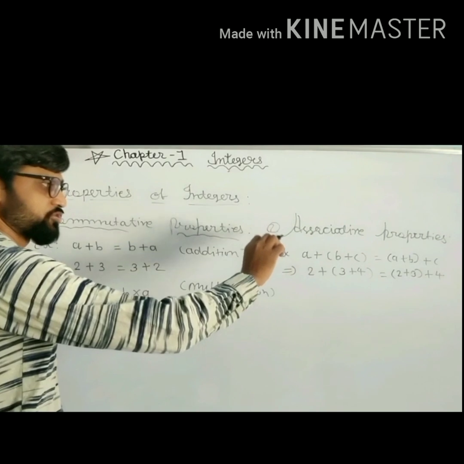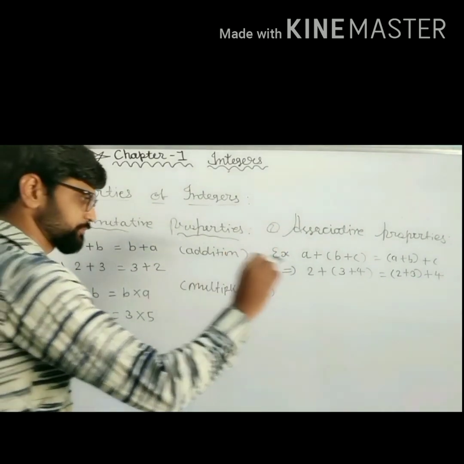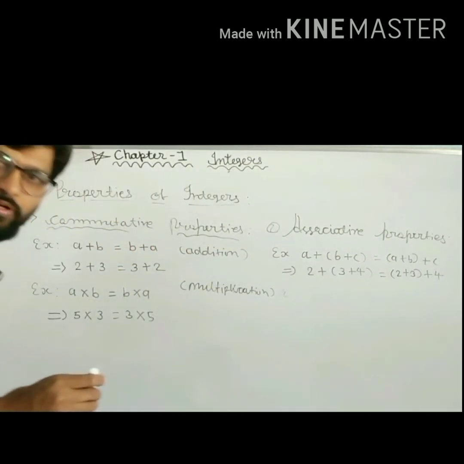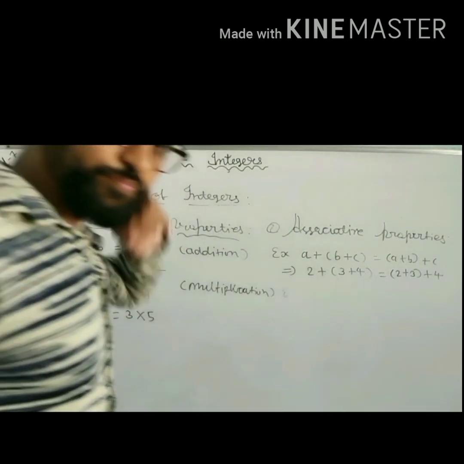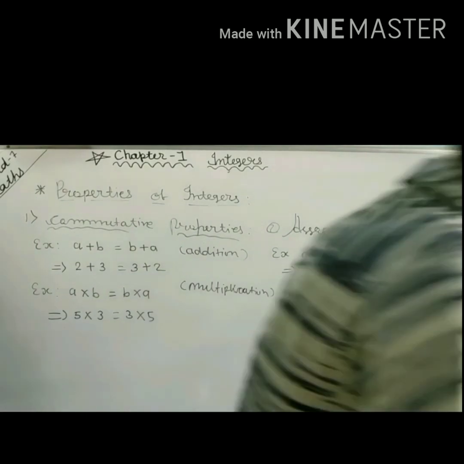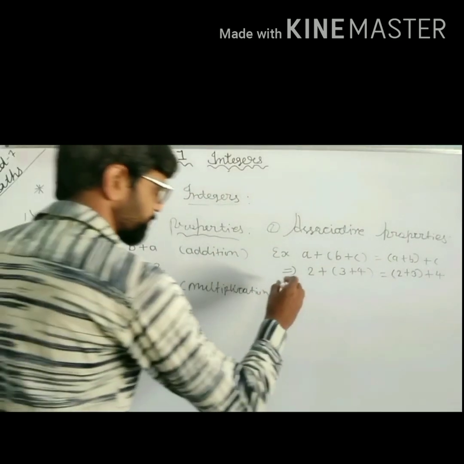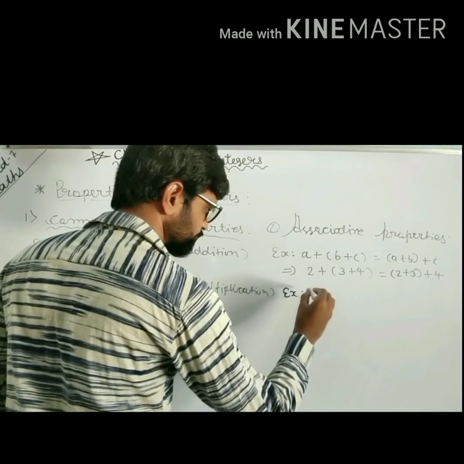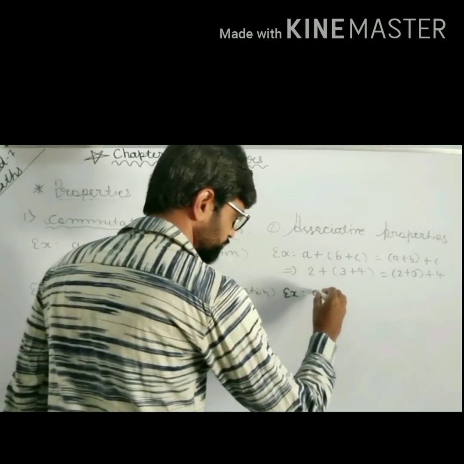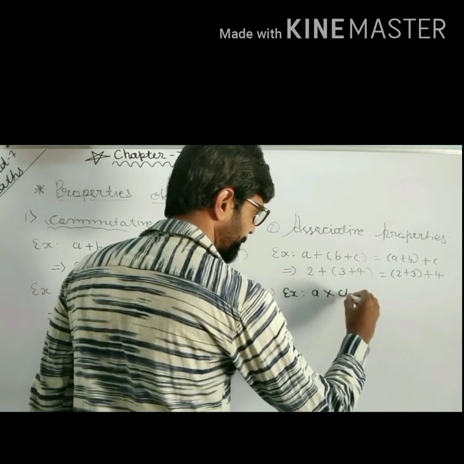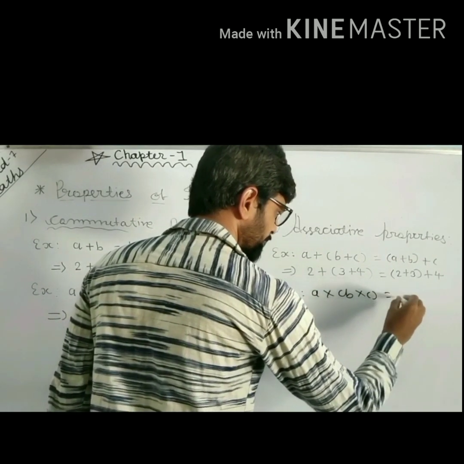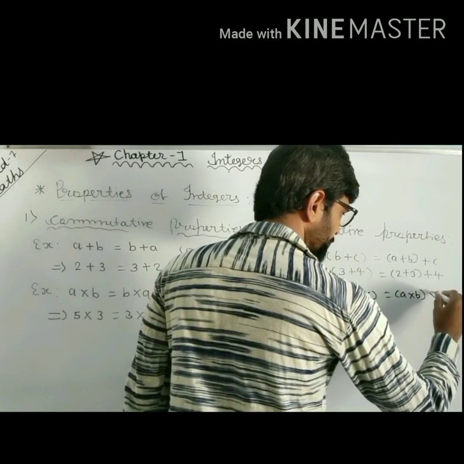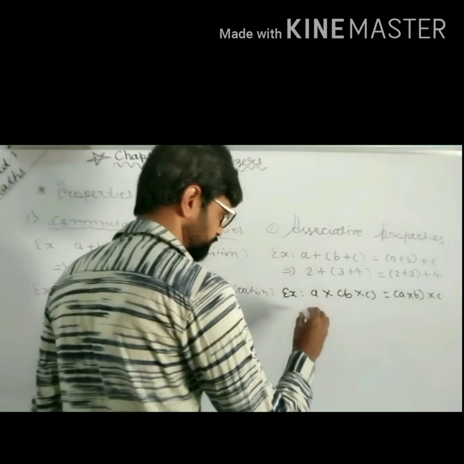Now associative property of multiplication. Example: a multiply b multiply c, the same. a multiply b multiply c.